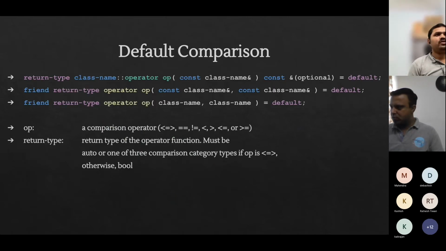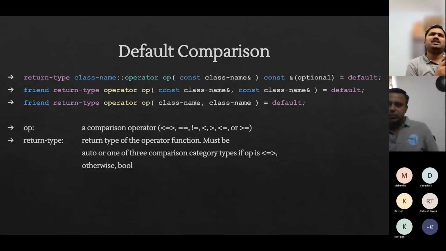So I'm going to the next section here. See, in the last example, we wrote a declaration for the comparison operator, the spaceship operator. But in most cases, whenever we want to do comparison, there are some members, and we just want to compare those members in a particular order.